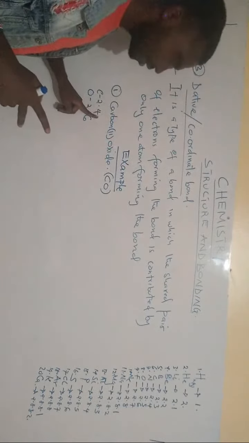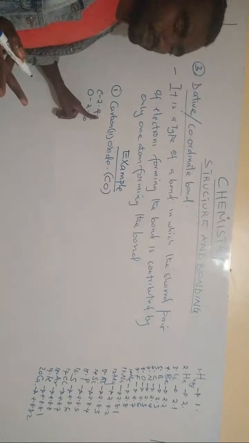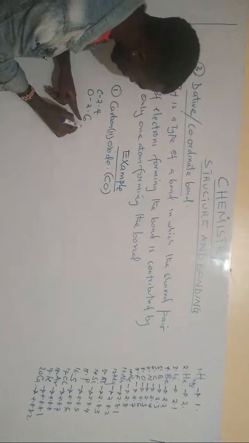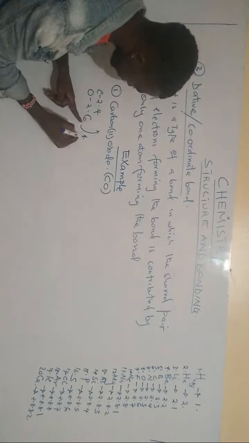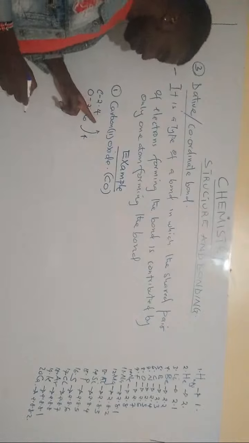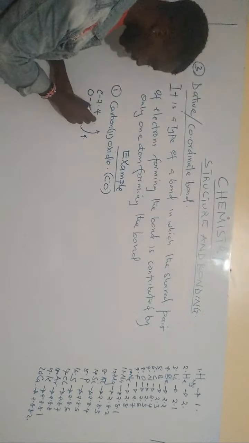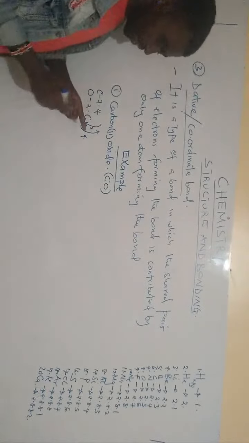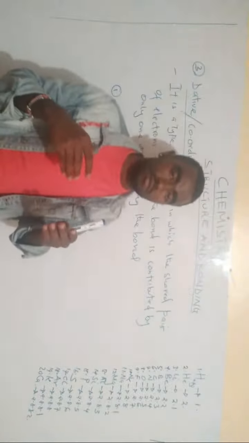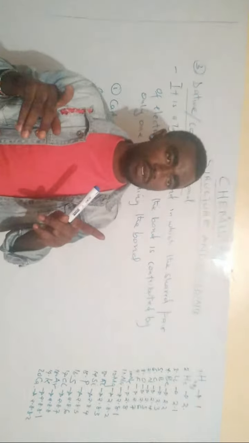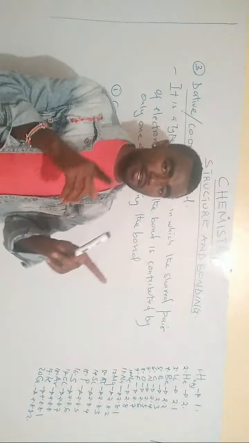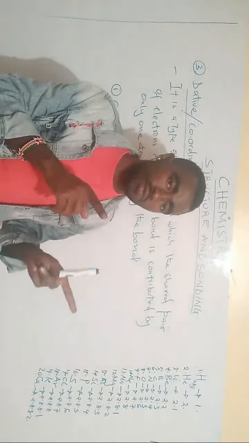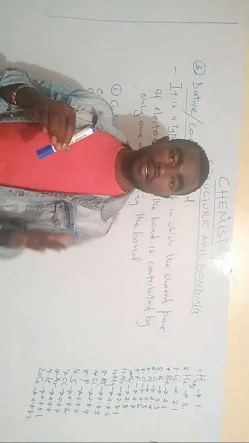This one has to gain 4. All right. So this one will give this one 4 for it to be stable. And this one, because it's 2, it has to be given 2. So I'm giving you 4, you're giving me 2. So there's another pair of electrons. Now, what is called the dative bond, or the lone pair, is the pair which has been given by one atom alone.